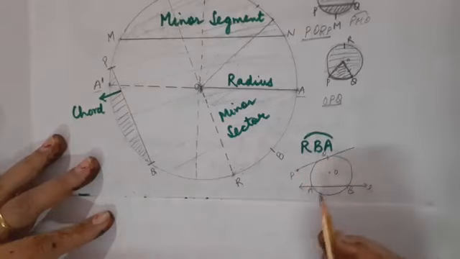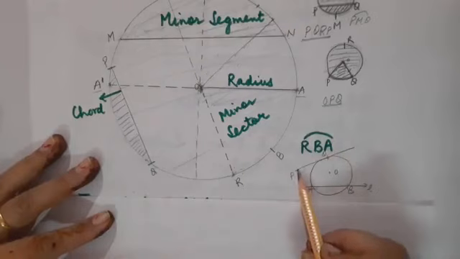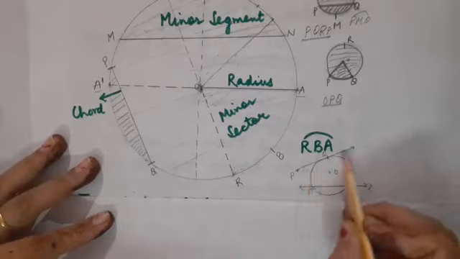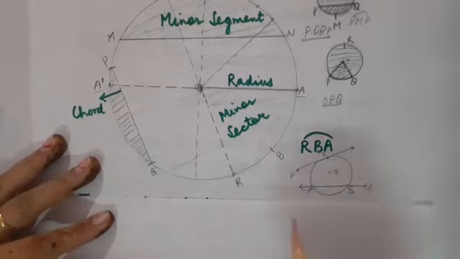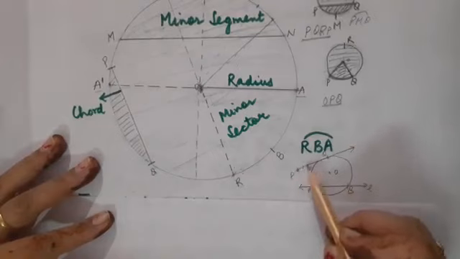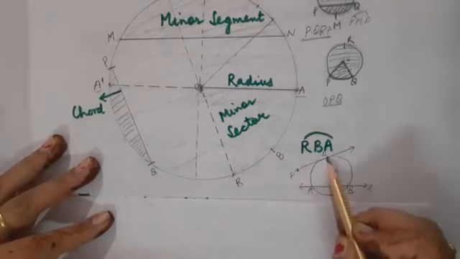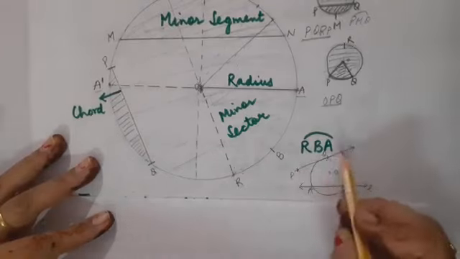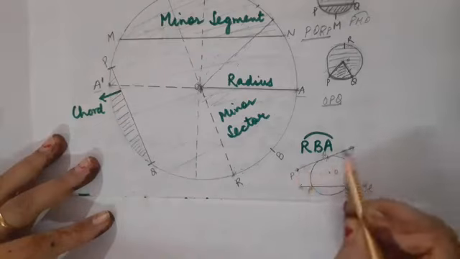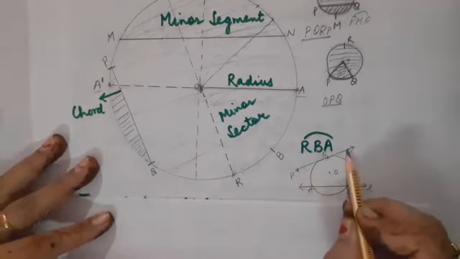Tangent is always drawn from the external point of the circle. Whenever there is a line, or you can call it a ray also, drawn from the external point of the circle, then it is going to touch the circle exactly at one point. You can see that this is point Q and it is known as point of contact. Correct? So this PQ will be known as the tangent of the circle.